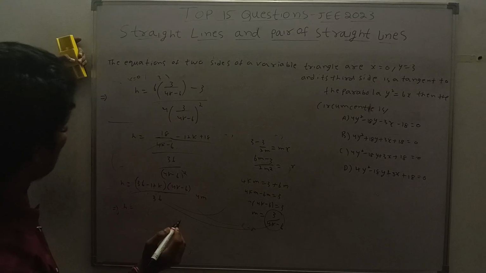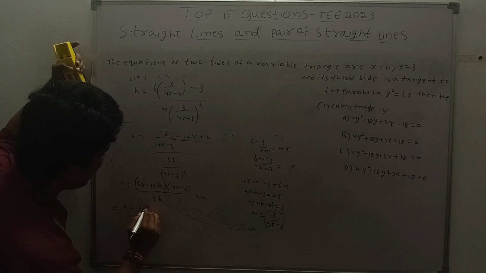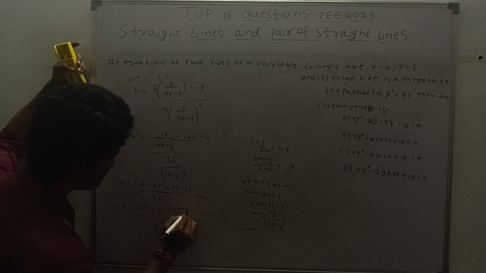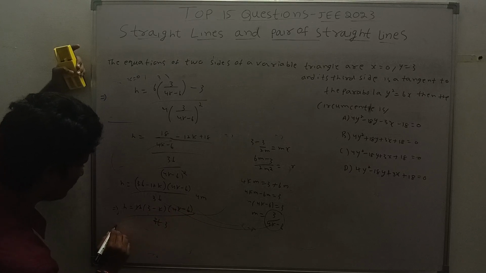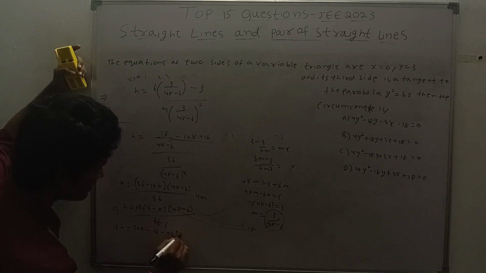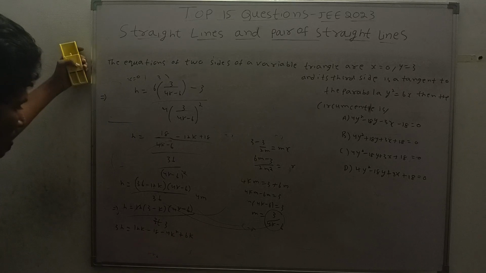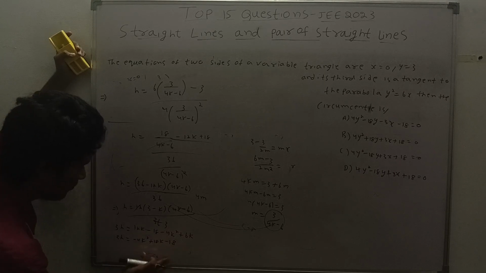By taking common 12, we get 12 into (3 minus k) into (4k minus 6) divided by 36. So 12 ones, 12 threes, that is 3h equal to 12k minus 18 minus 4k square plus 6k. So basically 3h equal to minus 4k square plus 18k minus 18 here.